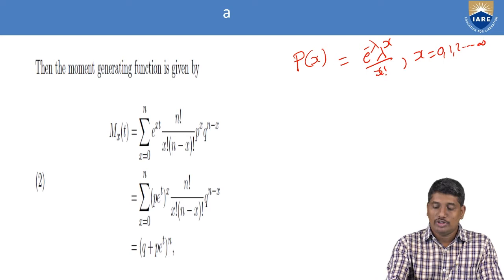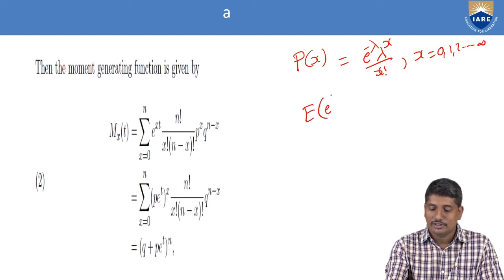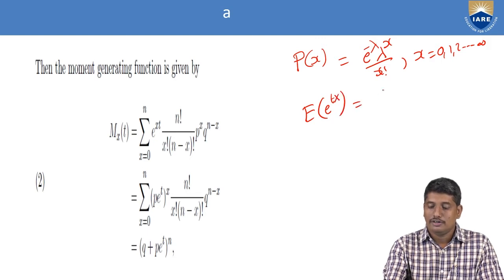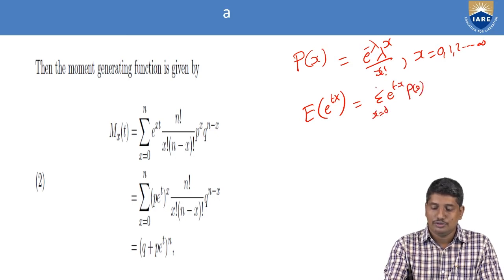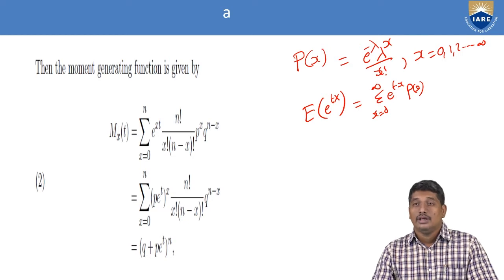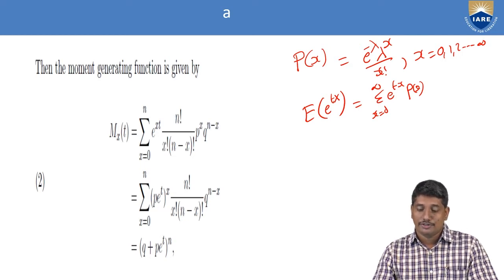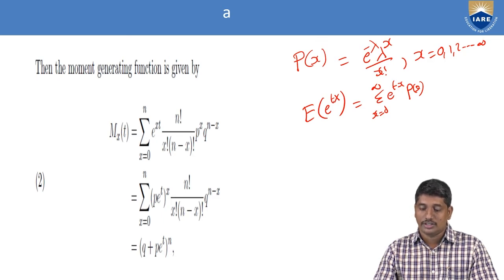Now let us try to calculate the moment generating function. According to the definition, the expectation of e^(tX), where X is a Poisson variable, is the summation, x equal to 0 to infinity, of e^(tx) p(x).